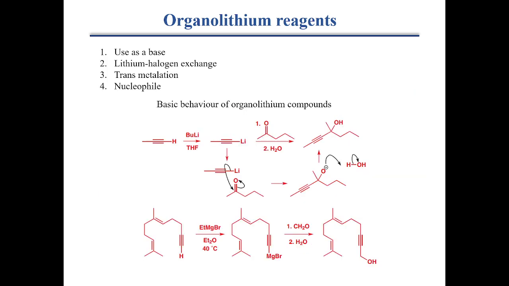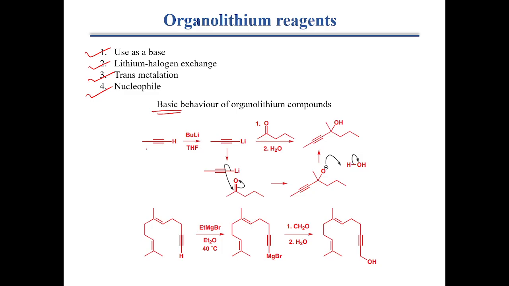Now, organolithium reagents have four types of behavior. They can act as a base, can do lithium-halogen exchange, can do transmetallation, and can do nucleophilic attack. We consider all four possibilities. First we will discuss the basic nature of organolithium reagents.